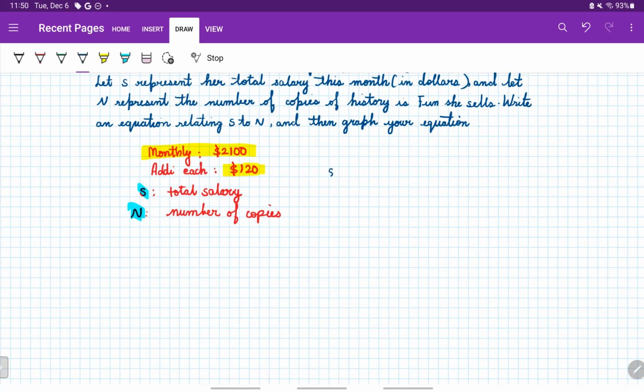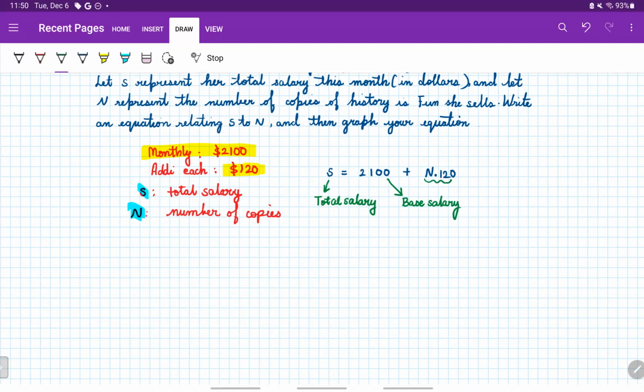So that's going to be salary, the total salary S, equals the fixed salary that she first gets, that's $2,100, plus how many copies she sells, which is N, and how much she earns for each copy, that is $120. So again, let me break down what this equation is saying. S is the total salary, which is a combination of the base salary that she gets, and additional to that, the amount that she earns from selling extra copies.